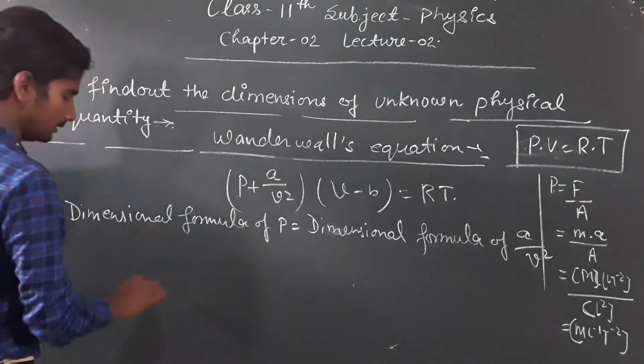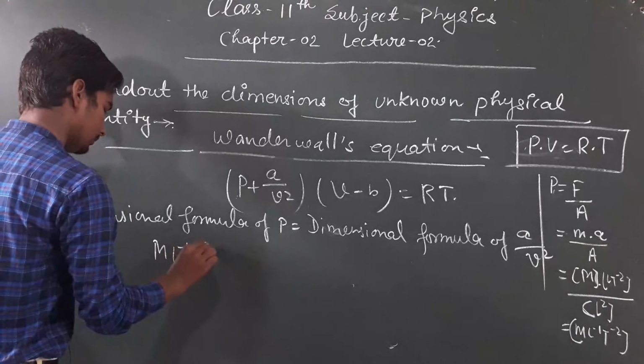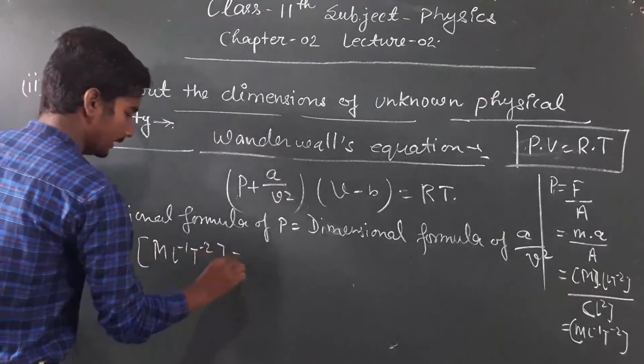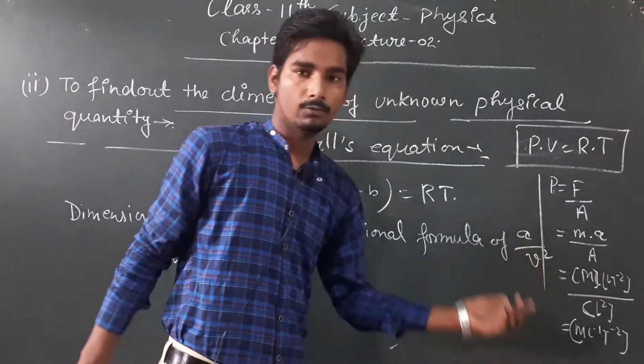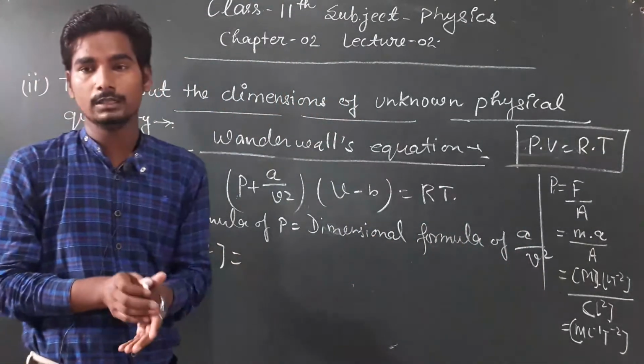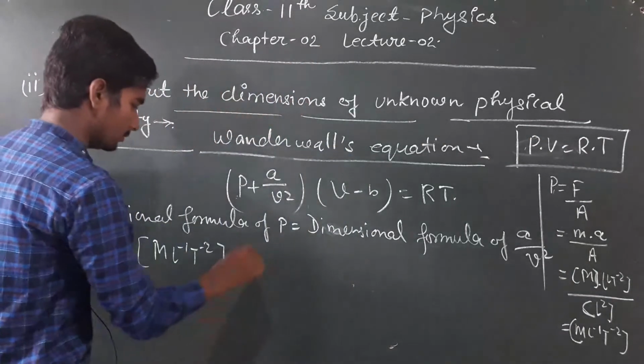Write it down here, m L minus 1 T minus 2, and that will be equal to the dimensional formula of A upon V square, where V is volume, and as we know, the dimensional formula for volume is L3.